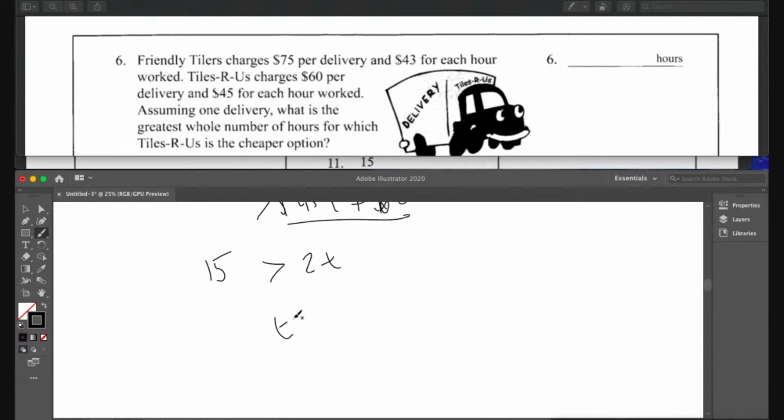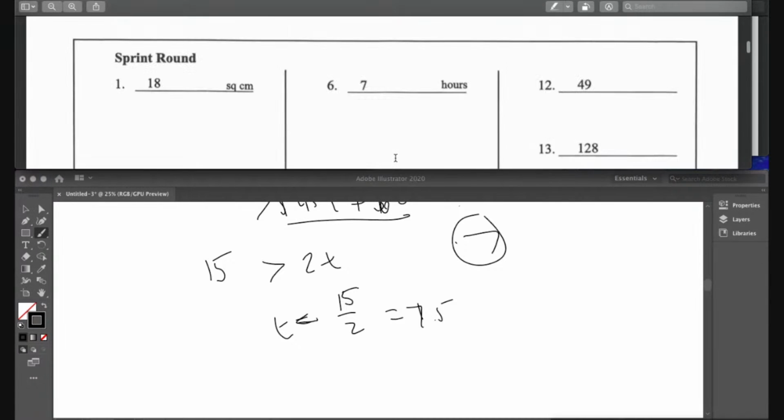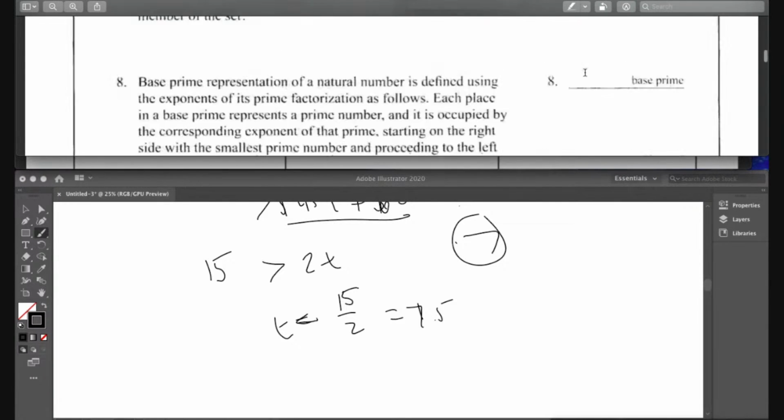So t has to be less than 15/2, which is 7.5. We're looking for the greatest value of t as a whole number, so it's just going to be 7. And we see that's our answer. I think it's pretty simple.